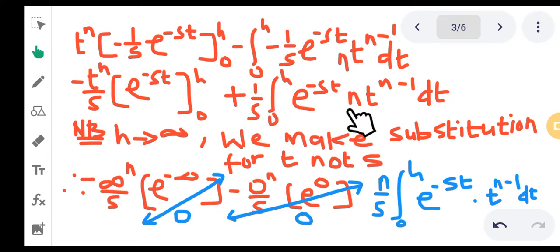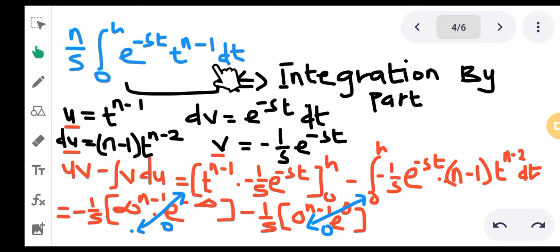only these parts. The n, I can pull out, so I'm going to get n over s, then the remaining part: e exponent minus st, t exponent n minus 1 dt. So I'm left with this. We can clearly see that this is a Laplace transform of a certain function.